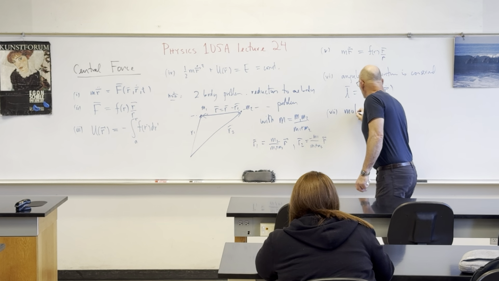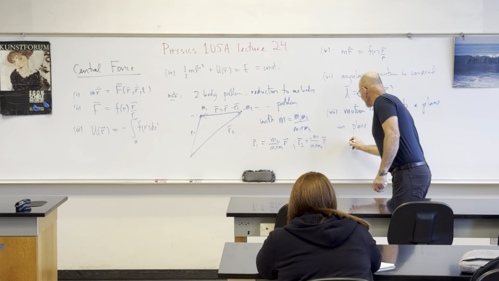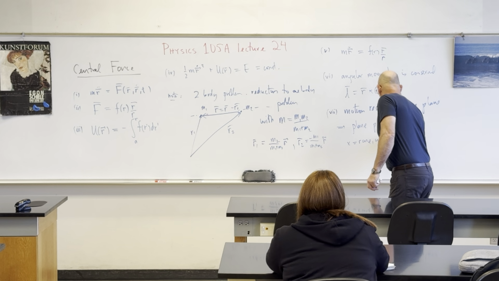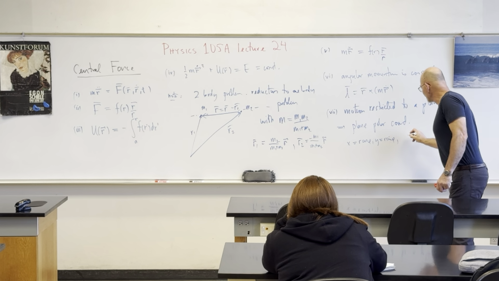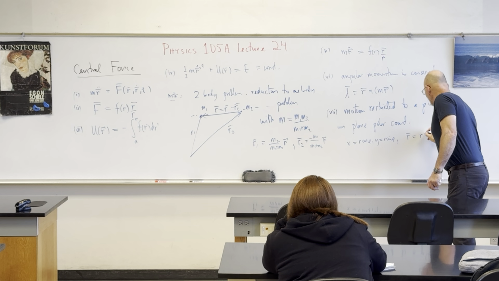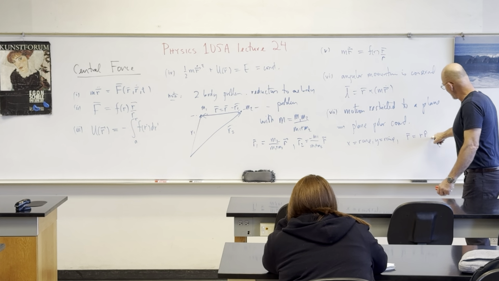Plane polar coordinates, and you start with this: x equals r cos phi, y equals r sin phi, and then we found that vector r can be r times the r hat.